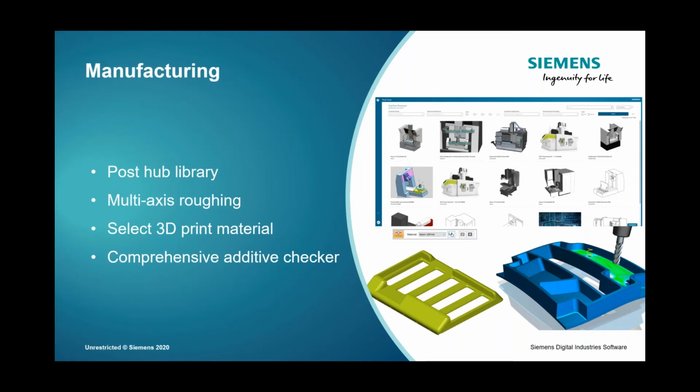And then when it comes to additive, there's a whole bunch of things that we just didn't get a chance to look at today, but you can look at them at another time. And also bringing various additive checkers into one comprehensive additive checker just makes the whole thing a whole bunch easier to interact with. That was a mouthful.